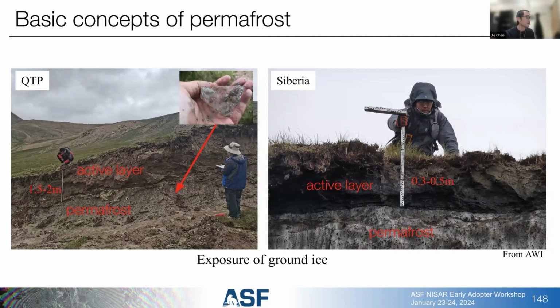In the left figure, it is difficult to tell what's inside the permafrost layer, but if you clean it off using water, you can see almost pure ice in this layer. In the right figure, it's a similar case: here is the permafrost, and it's almost pure ground ice.